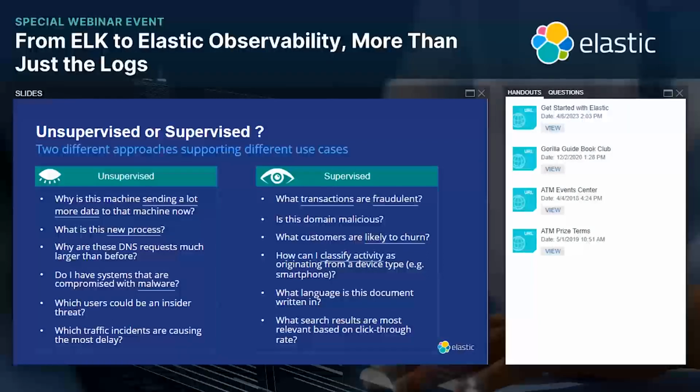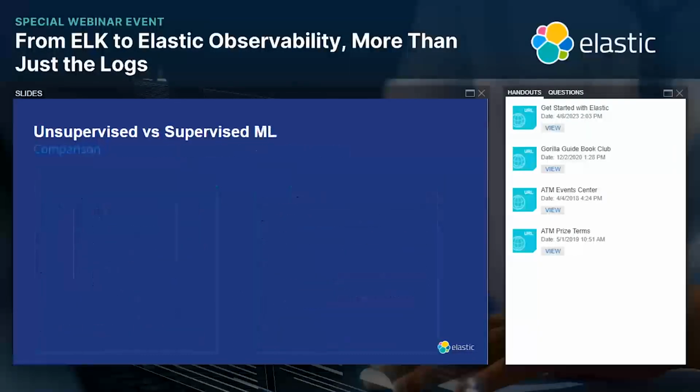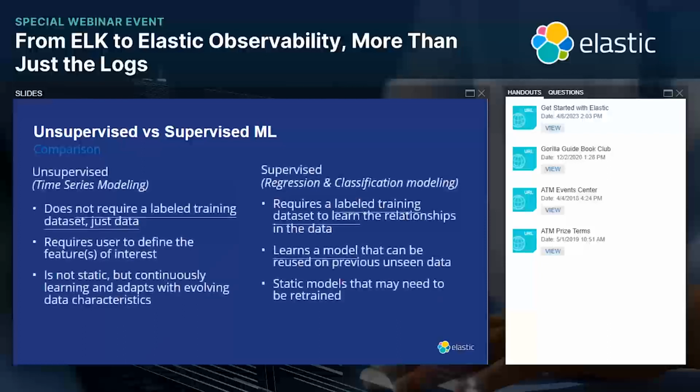And if you have anything like Jupyter notebooks in your system, we can consume that and use it as a supervised model on the data which is stored on Elastic. Right. Now, the main difference is you have to have labeled data for supervised, and for unsupervised you don't need that.